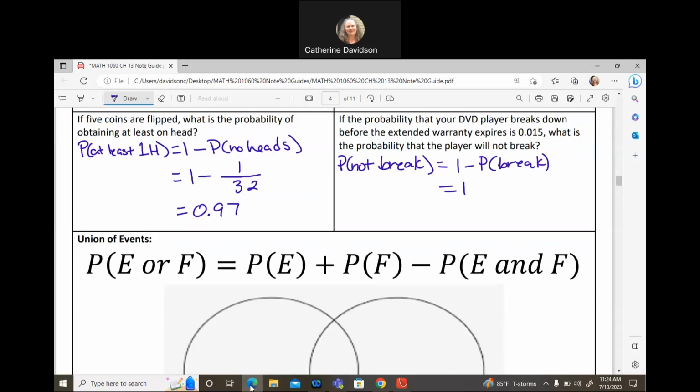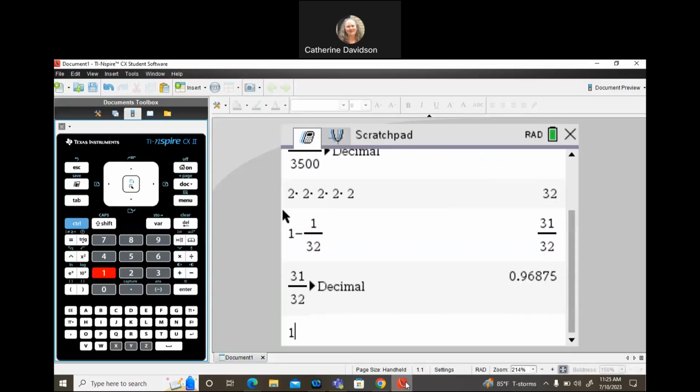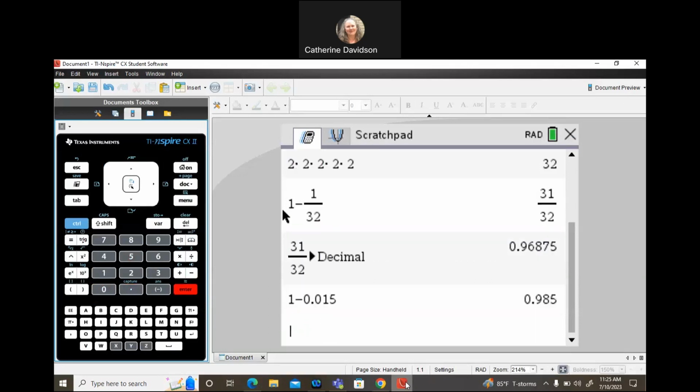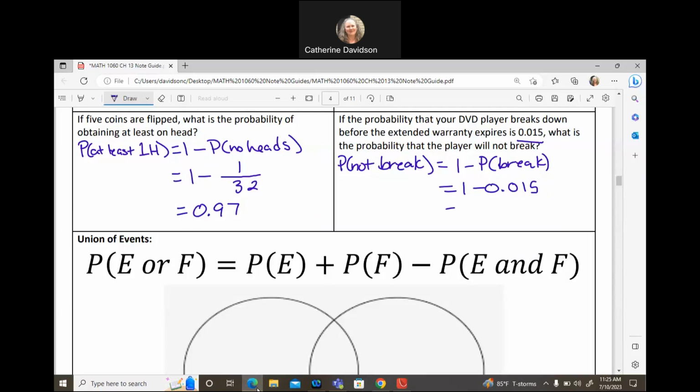The probability it breaks before the warranty expires is 0.015. I hate adding and subtracting decimals. So 0.985. This would be an example of one where they don't give you how many decimal places you round it to because they know the decimal is going to stop.